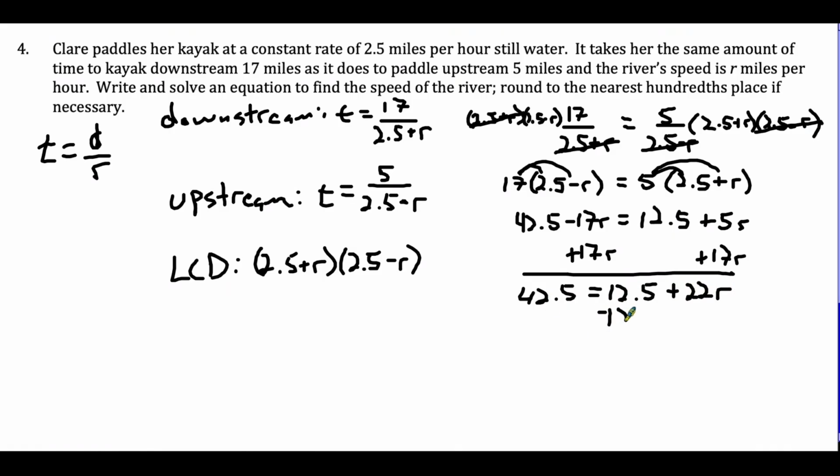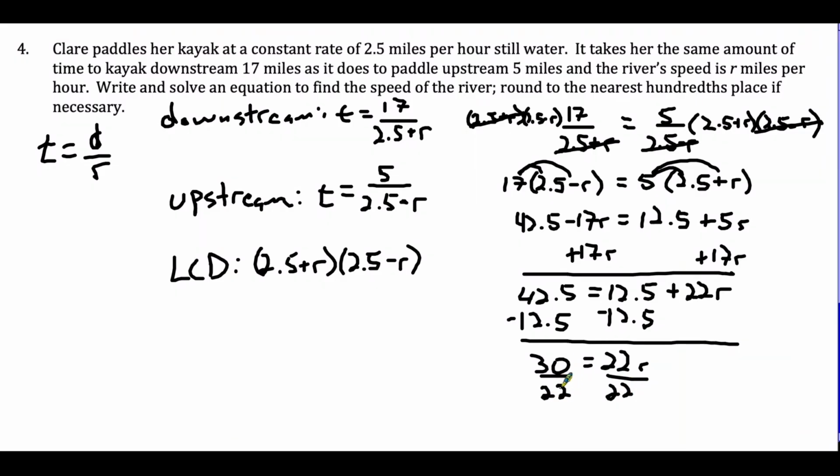Subtract the 12.5 over to the other side. And I'll get 30 equals 22r. Finally, divide both sides by 22. And 30 divided by 22 gets me 1.36.